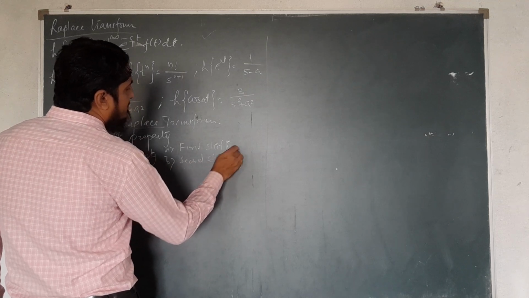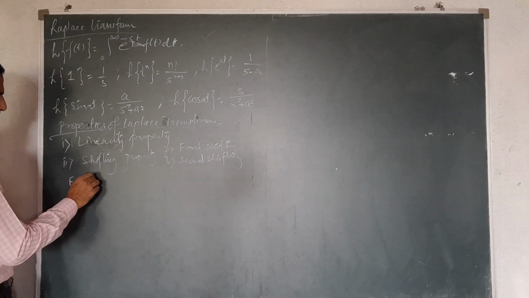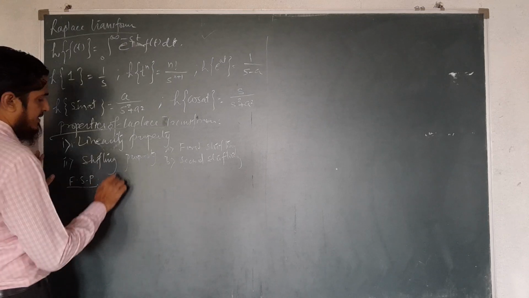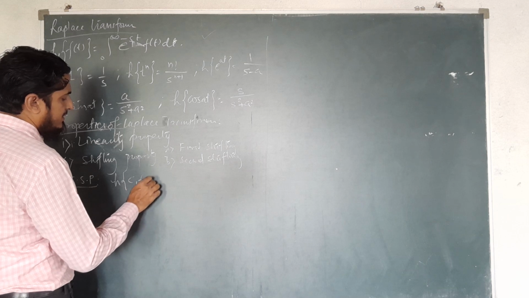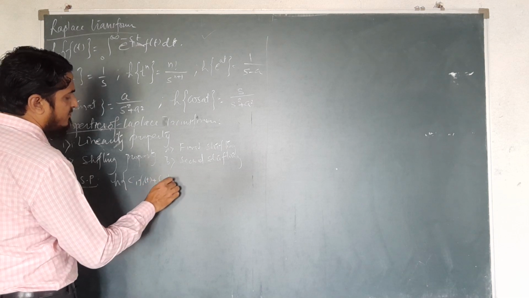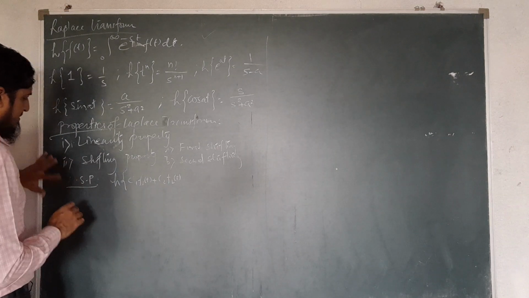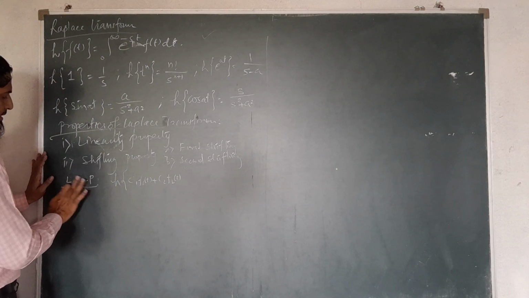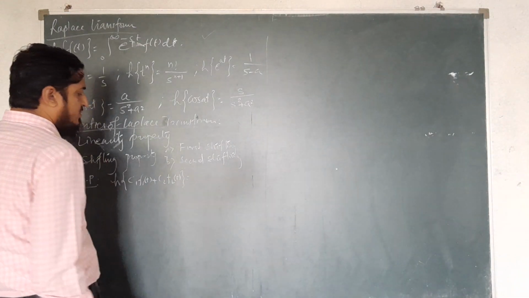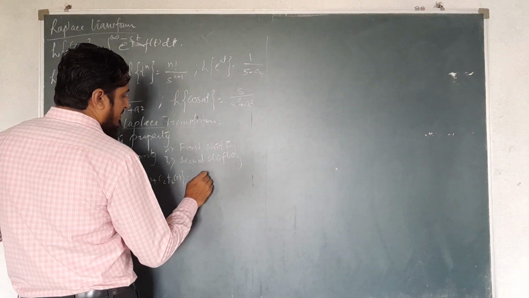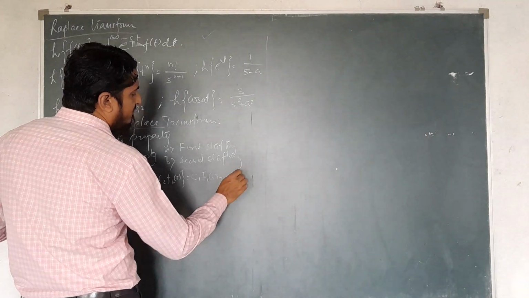In the previous lecture we have seen the first shifting property. The linearity property first: the Laplace transform of C1 f1(t) plus C2 f2(t) is equal to C1 F1(s) plus C2 F2(s).